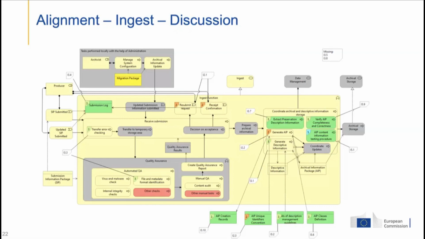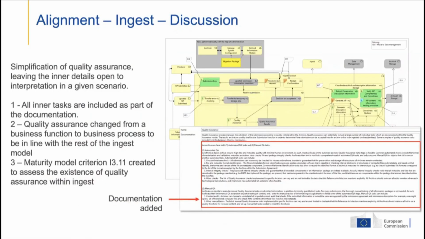In this case, the big gray thing is quality assurance within the ingest process. This is the ingest process, and there's quality assurance, and we had put a lot of things there. But after this alignment work, there was a simplification of the quality assurance, and we left the inner details open to interpretation in any given scenario. We don't want to dictate that these are the things you should do. We moved everything that was inside into the documentation part as options.